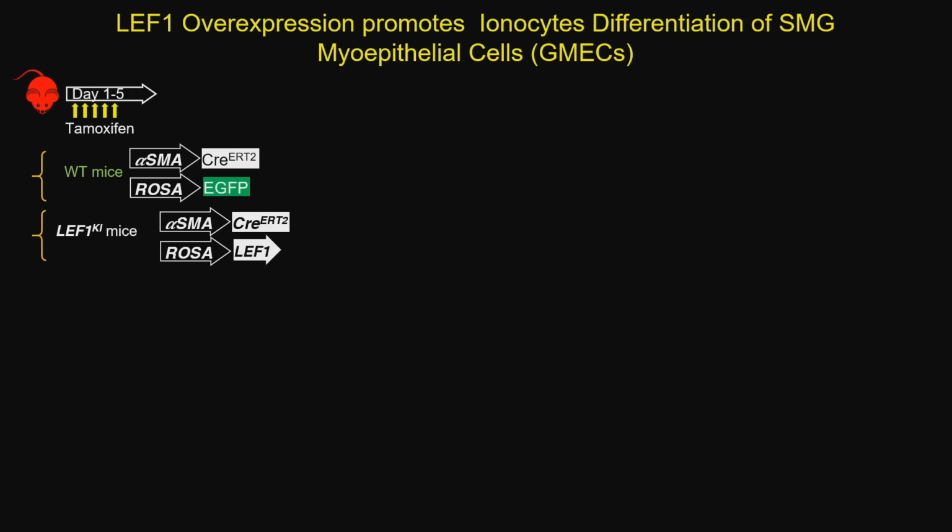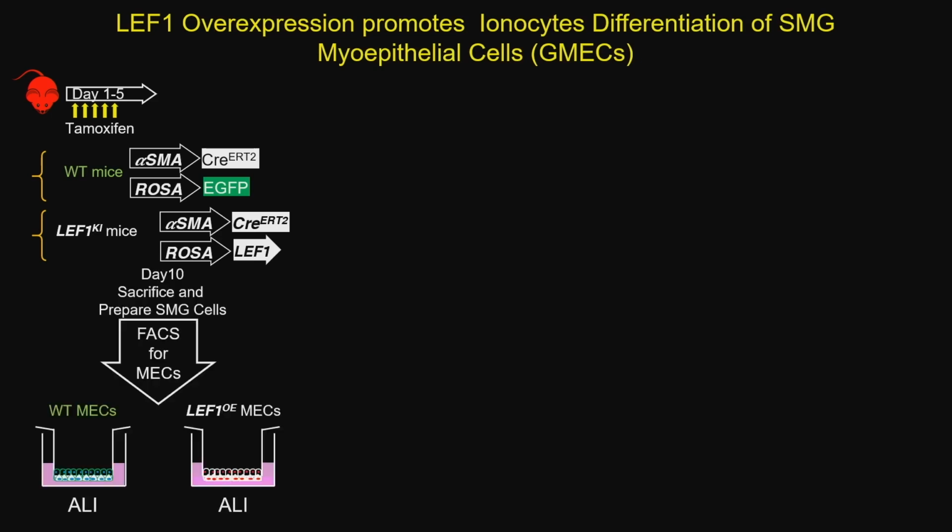With that, we will prepare glandular progenitors, and then FACS sort them for wild-type myoepithelial cells, which will be GFP positive, and LEF1 overexpressing GFP negative myoepithelial cells on the other hand. This is a long introduction, but I wanted to make sure it is well known that myoepithelial cells will be either LEF1 overexpressing and GFP negative, or GFP positive but wild-type.